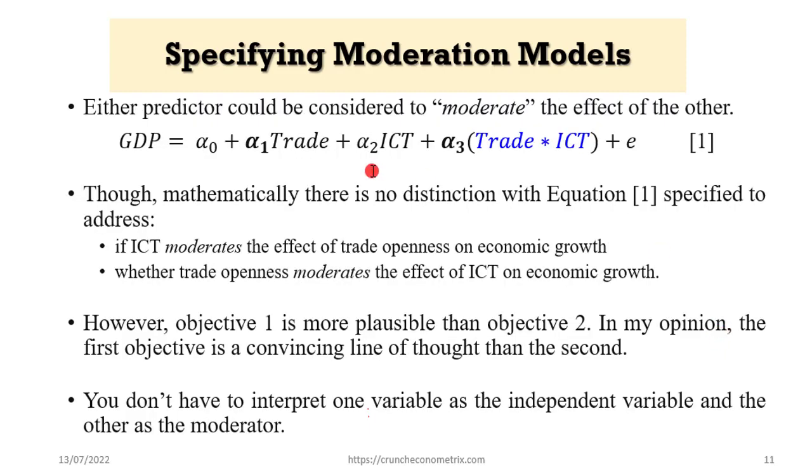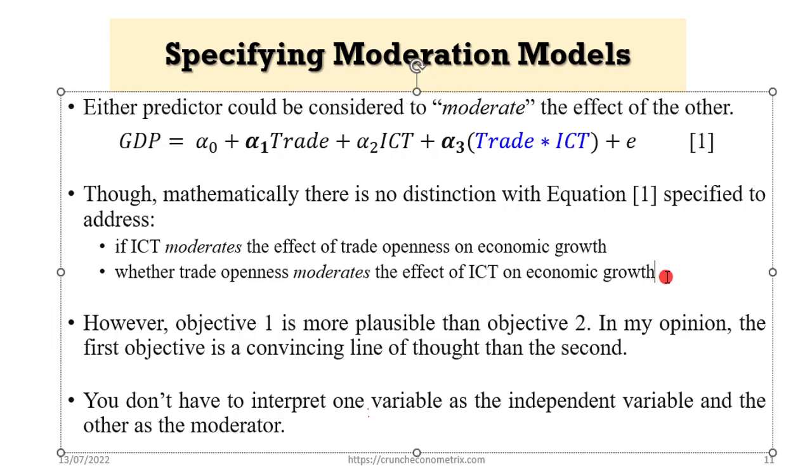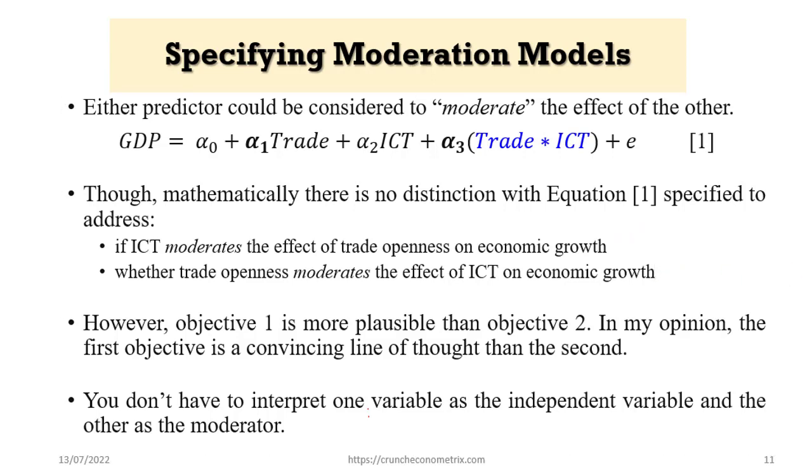Now, I said either predictor could be considered to moderate the effect of the other, which I just explained, though mathematically there is no distinction in their specification, because equation 1 can easily be specified if either of these two objectives is the main focus of my study. Like I said, equation 1 makes more sense if objective 1 is the focus.